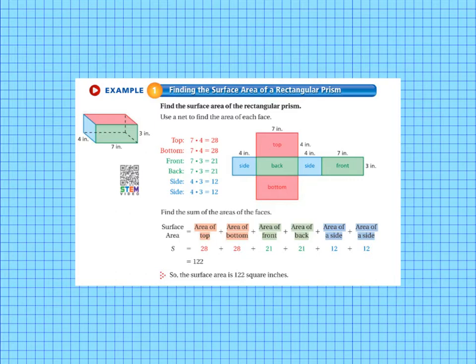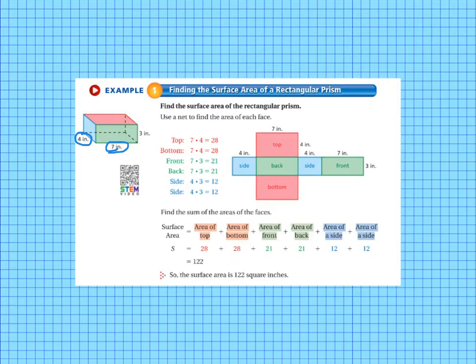When we look at the top and the bottom, if you look on the original picture, you can see that the length is 7 inches and the width is 4 inches. So that's a 7 by 4 rectangle.